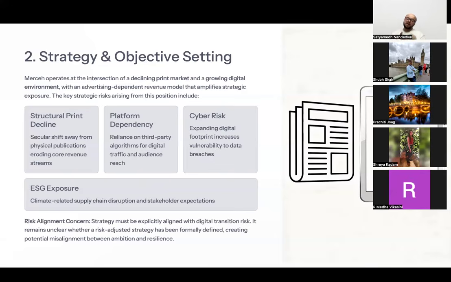And then, of course, the ESG exposure part, which is climate related, supply chain disruption, and stakeholder expectations. The company is saying that it is aligned on the ESG front, but with the common public becoming more and more aware, and their emphasis also moving towards an ESG friendly entity, naturally the company will have to be on its toes, and one small misstep could lead to reputational damage.